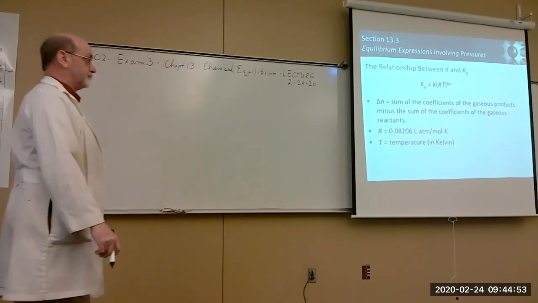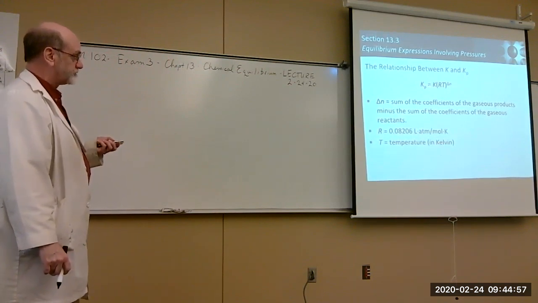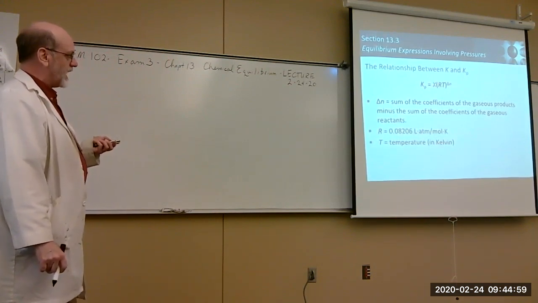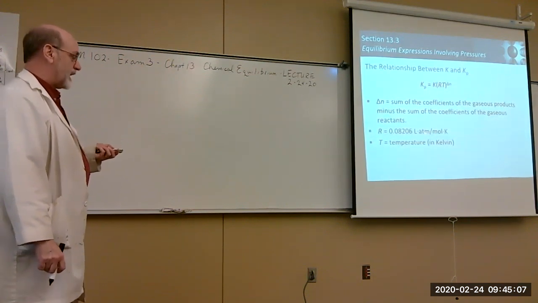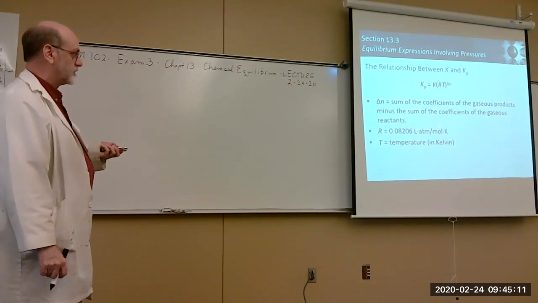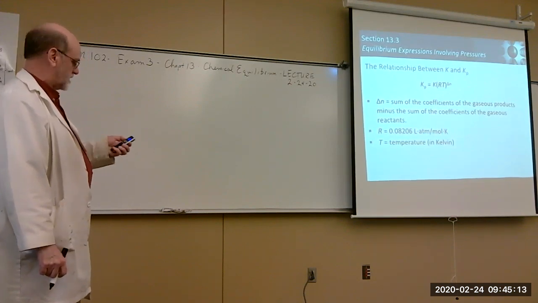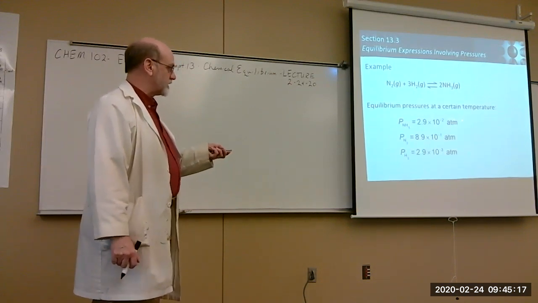So, if we know the K value, the equilibrium, and we know the R value, and that R value has to be chosen with respect to, let's back up, with respect to these units.